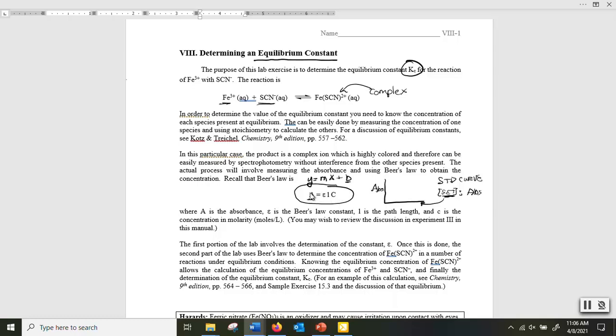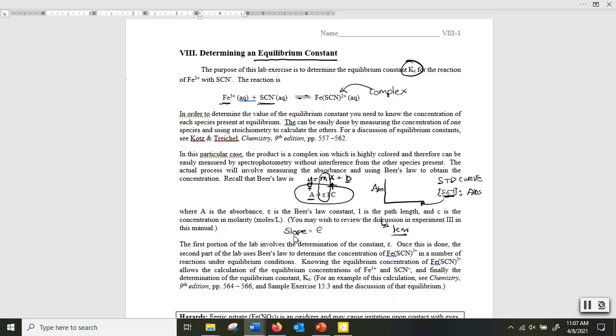So just like last time, absorbance was y, and the concentration was x. And your slope was eta, the molar absorptivity, times L, the path length.